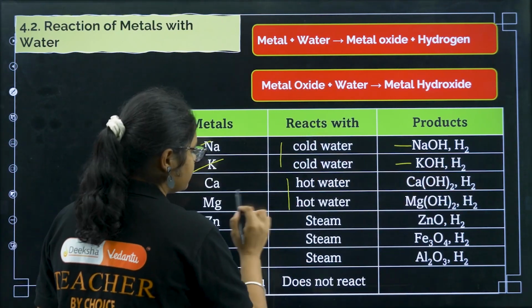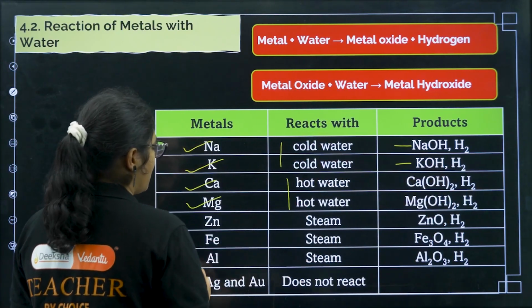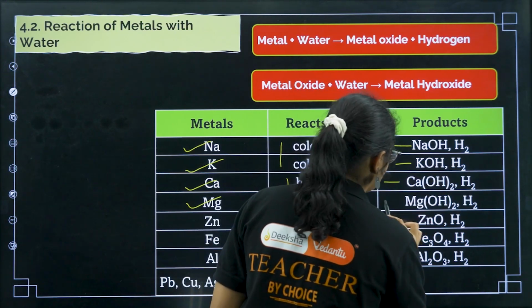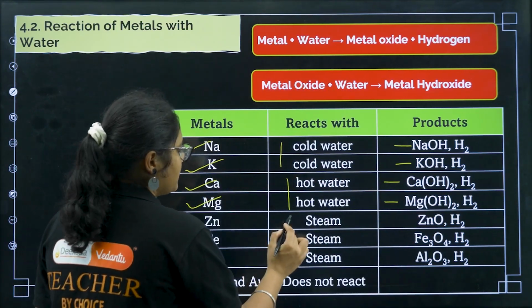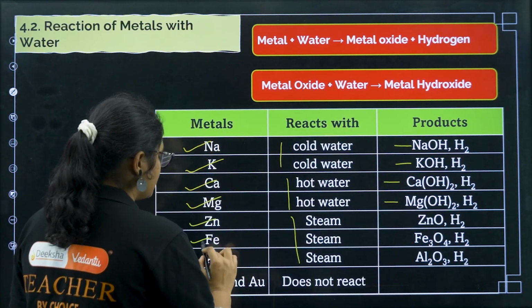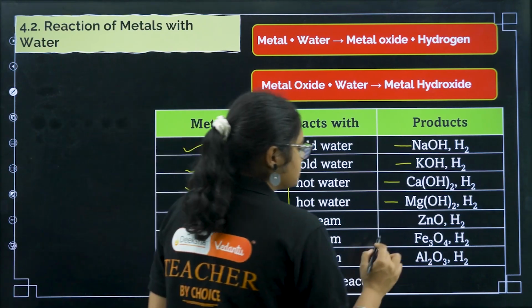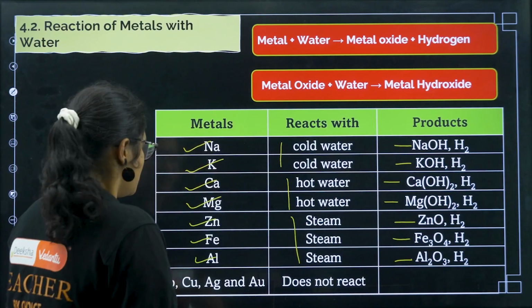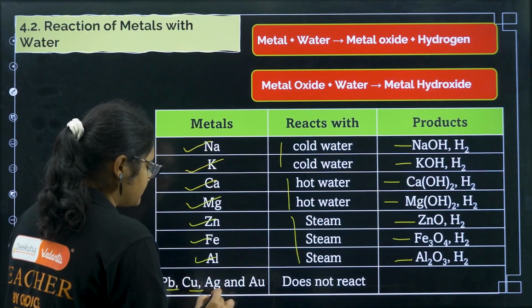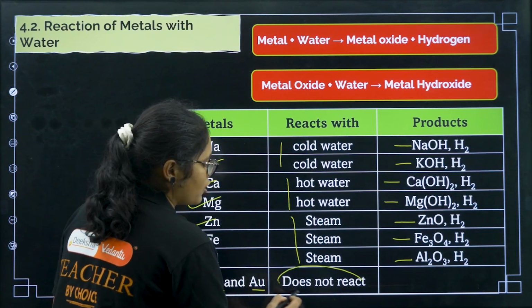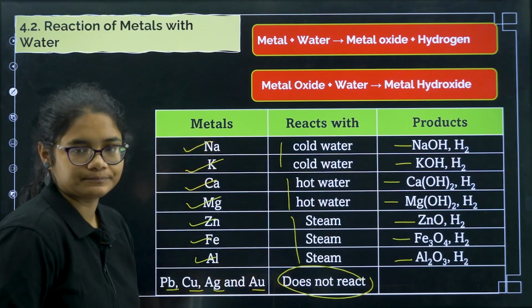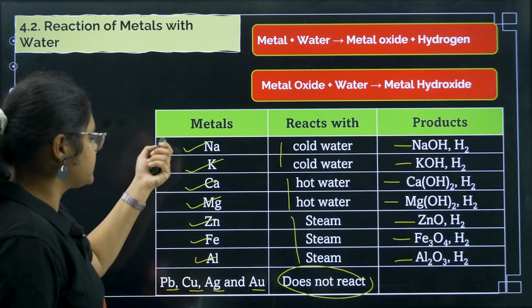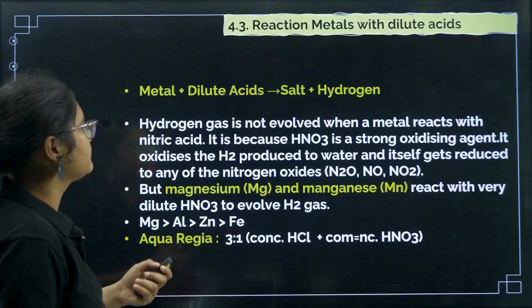Those which react with hot water are calcium and magnesium, giving calcium hydroxide and magnesium hydroxide. With steam we have zinc, iron and aluminium, giving ZnO, Fe3O4 and Al2O3. Lead, copper, silver and gold do not react with water. Clear? This is a very important table, you should remember it.